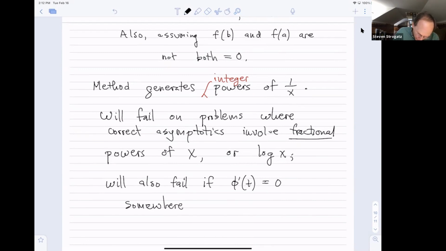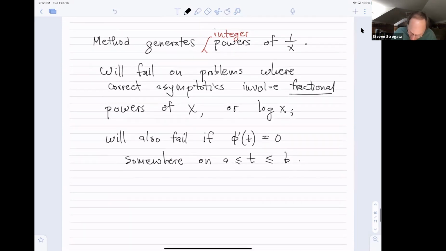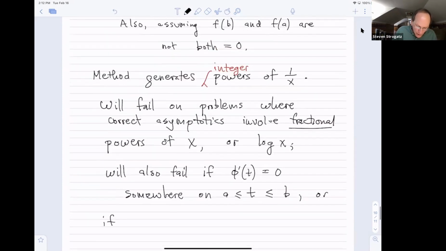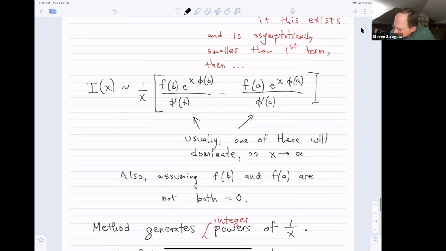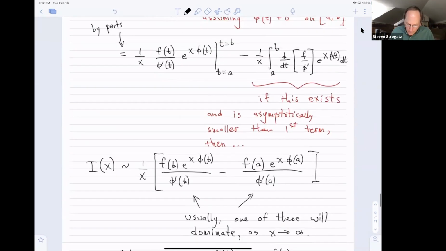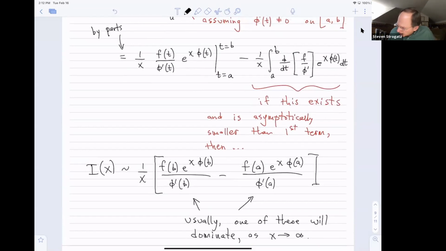So if that equals 0 somewhere on a less than t less than b, then, or, I mean, there's one other way it can fail, which is notice that we had this term right here, d/dt of f over phi prime.